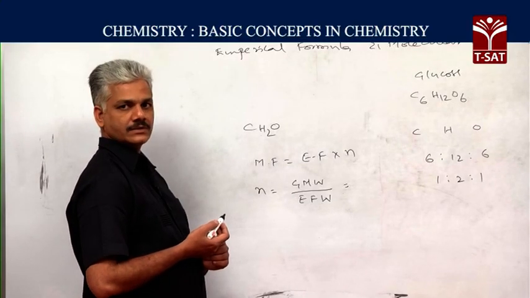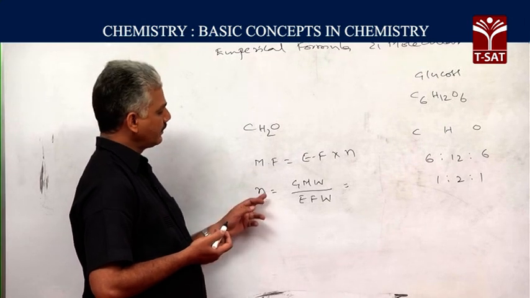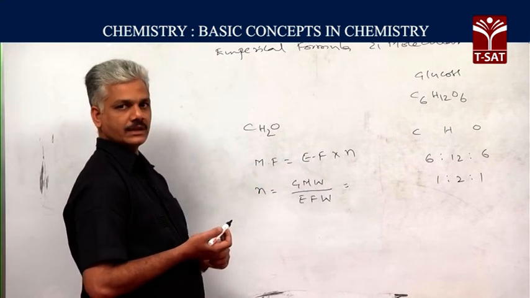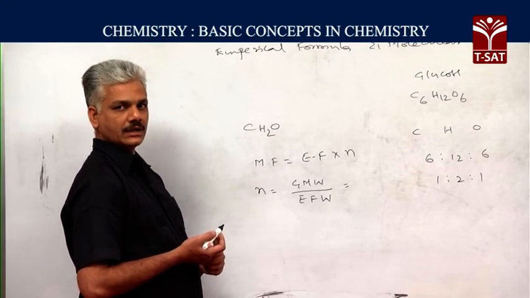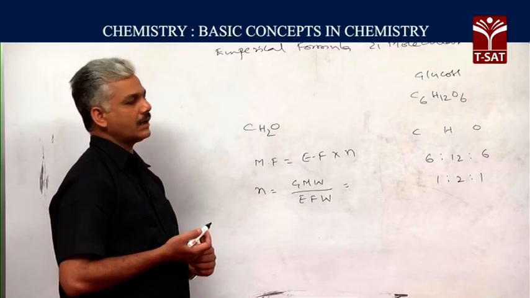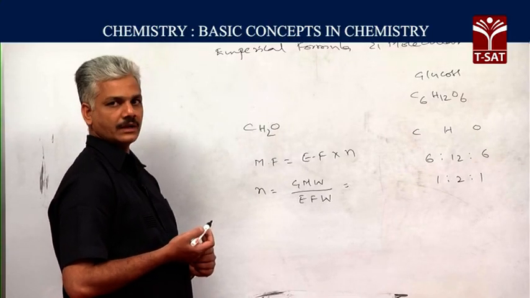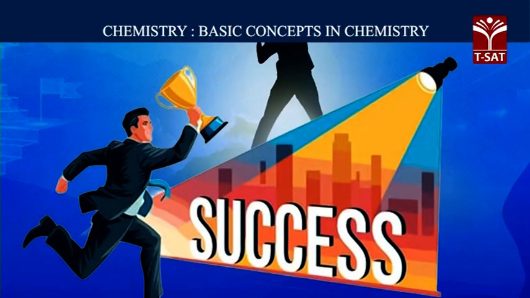Those fractional values are to be adjusted to the nearest integers, and when you multiply the empirical formula with that adjusted integer value, you will get the molecular formula. So, let us see some examples of how to find out the empirical formula and molecular formula of a given compound.